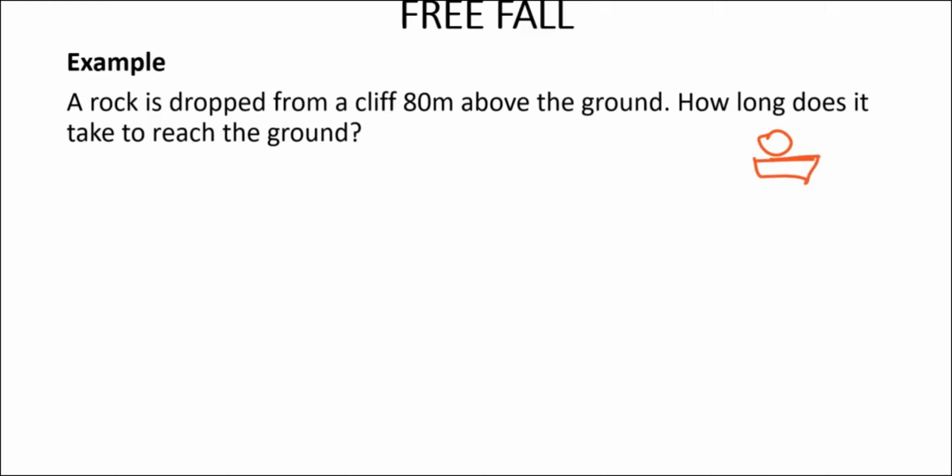It's dropped from the cliff, and the cliff is 80 meters high. So we want to know, how long does it take the rock to reach this ground level?